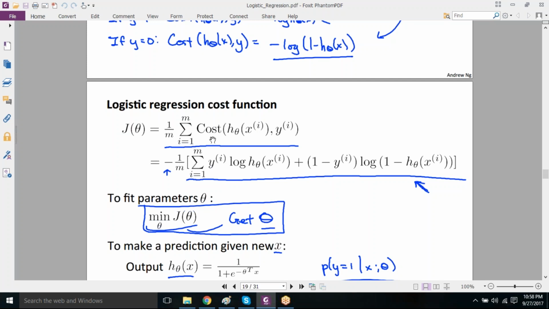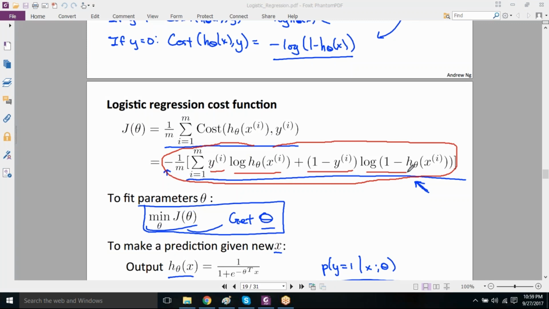And finally, we have simplified both the criteria into just one function. See, y_i into log of this, plus 1 minus y_i into log of this. Both the places here were actually minus, so I have taken this minus out here. So both have become plus now, and minus is outside.